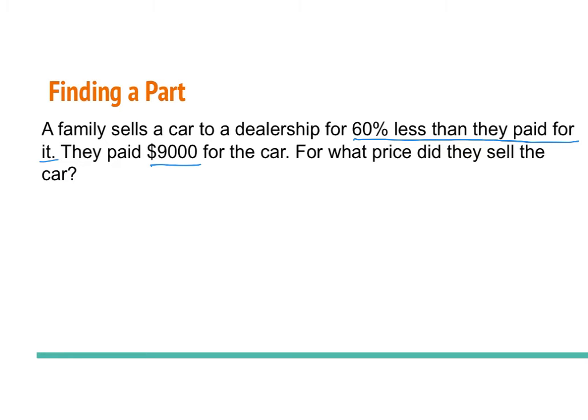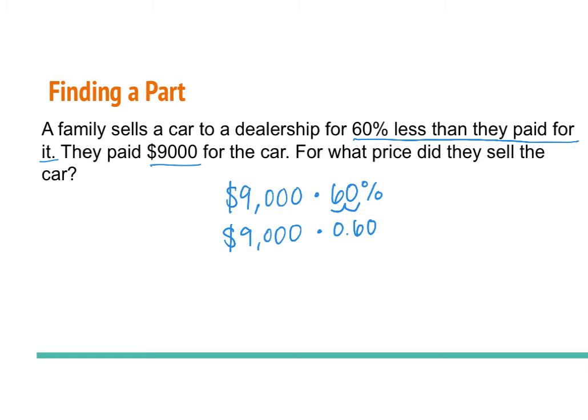So what we have to do is take 9,000 and multiply it by 60%, okay? Because it's 60% of the original price, okay? Now, 9,000, we're not going to multiply it by 60. What are we going to multiply it by?